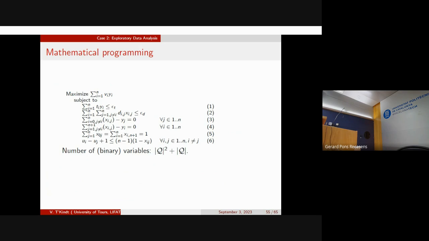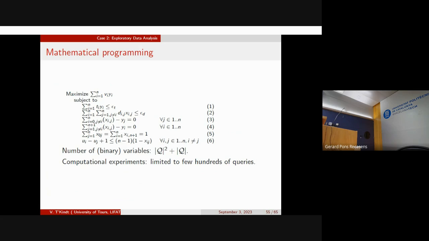This model looks simple, but as the number of variables depends on the number of queries, it's not sure you can use it to solve your real-life problem for a given database. If you do computational experiments, you can see that it's limited to a few hundreds of queries. So if you have thousands of queries, this model will not apply.